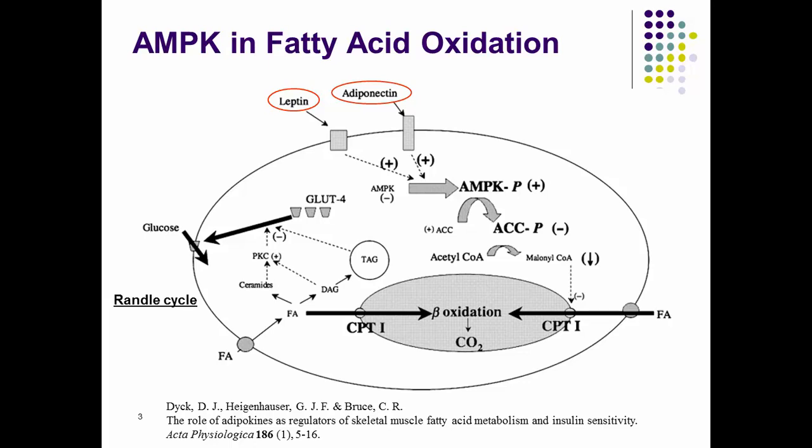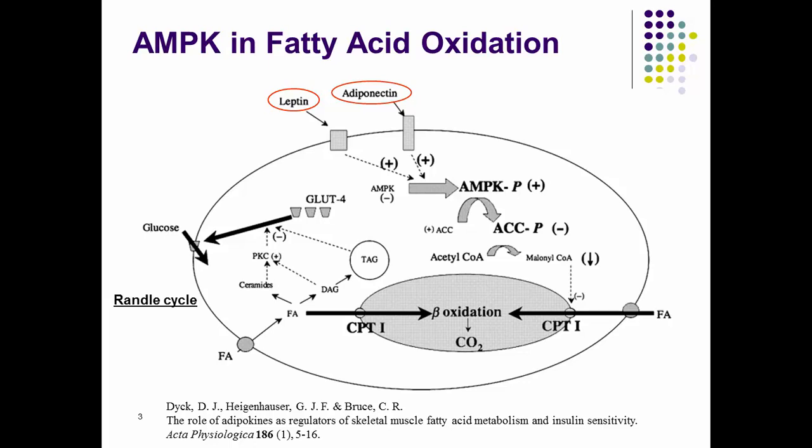Remember ACC? So ACC phosphorylation. Once ACC is phosphorylated, its activity decreases. In other words, AMPK is activated and decreases ACC activity. And ACC is the key enzyme that catalyzes the formation of malonyl-CoA from acetyl-CoA.